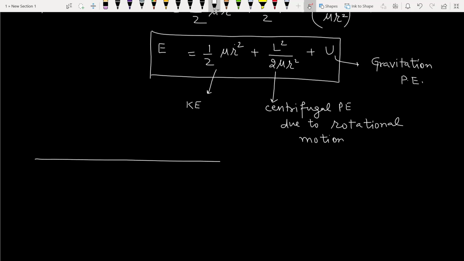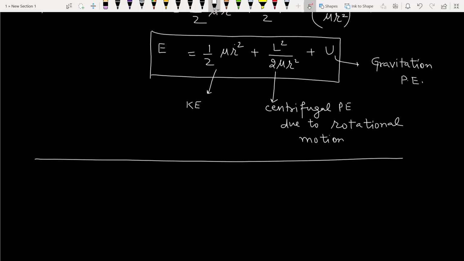So the total energy we have proved will be equal to the sum of three terms: kinetic energy, centrifugal potential energy due to rotational motion, and gravitational potential energy.